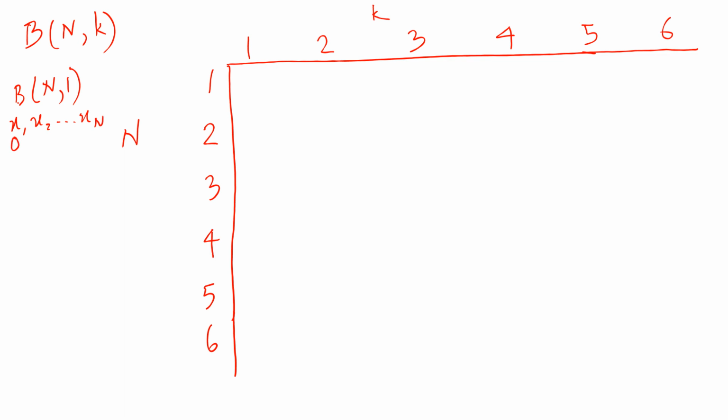Let me have any dichotomy here. Let's say this is the dichotomy I have, and if I need more dichotomies, I can keep going. But here my k is 1, and k tells us the size of the subset that should not be shattered. So basically I'm saying no subset of size 1 should be shattered.